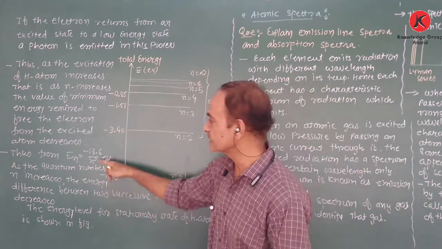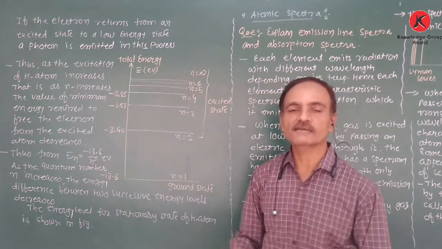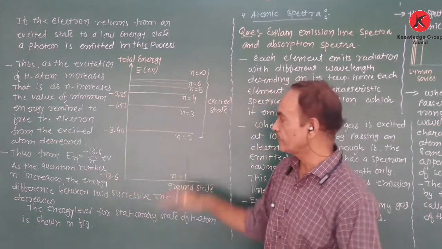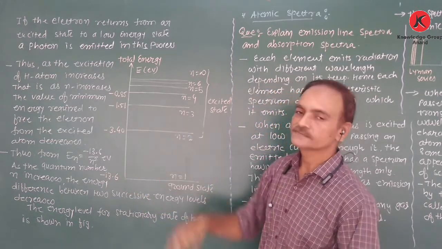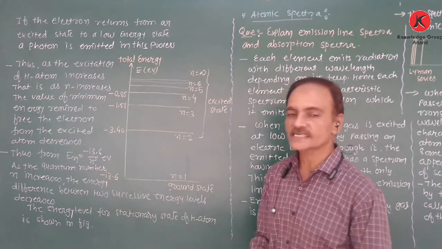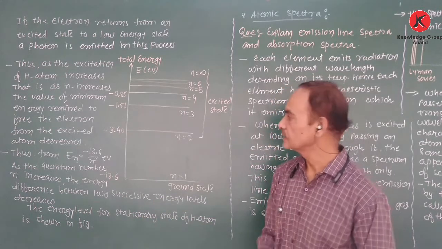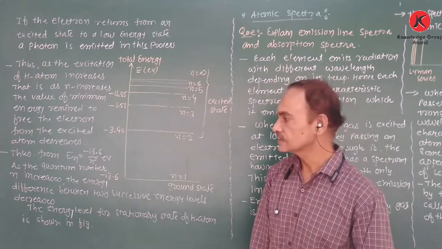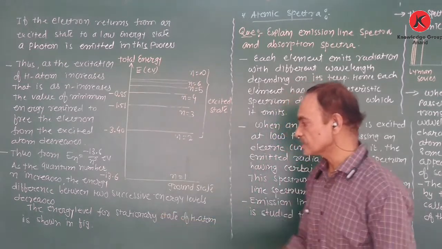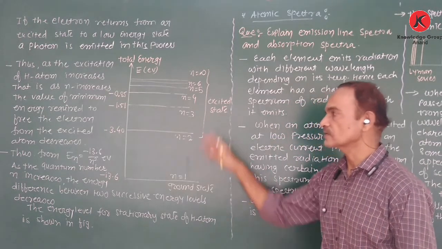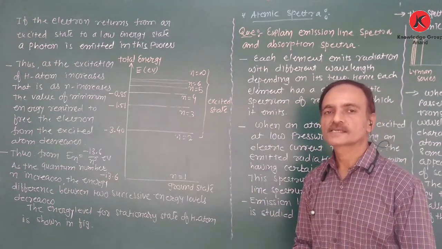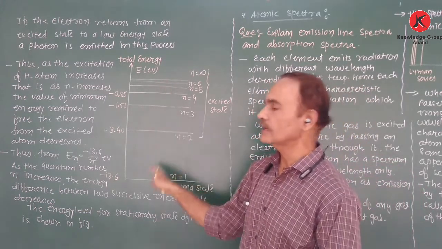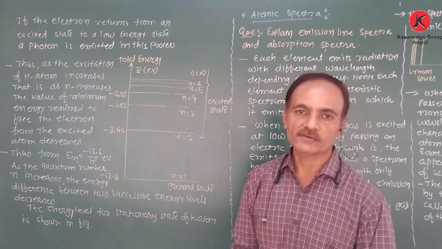As n increases, that is, the number of excited states or orbits or the quantum number increases, the energy difference between two successive energy levels decreases. The energy level for the stationary states of the hydrogen atom is shown here. So there is the excitation energy, ionization energy and energy levels of the hydrogen atom.